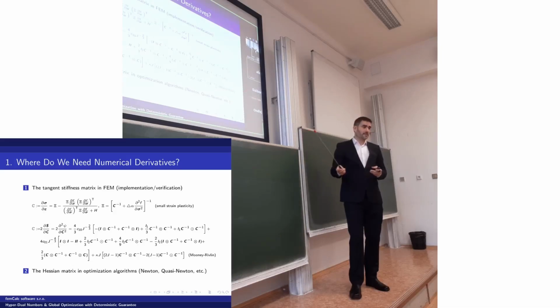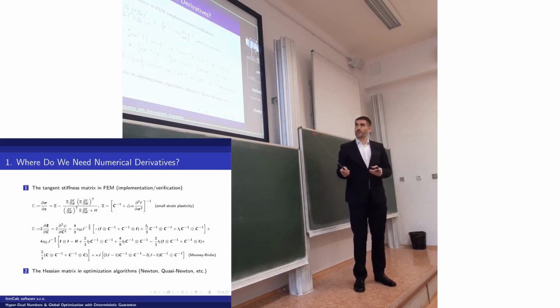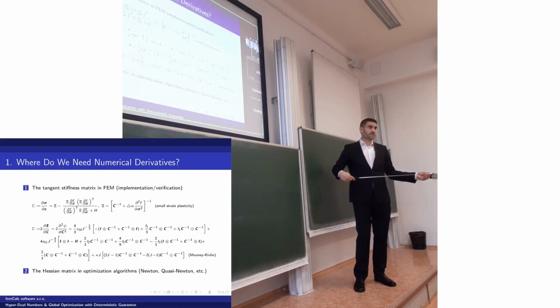So we see that even when you have these formulae, they are not so easy, so you can make a mistake in the derivation of the formulae, or in implementing them. So it's always good to have some method by which you can check if your implementation of the stiffness matrix is really the tangent matrix, and you can do it through numerical derivatives.